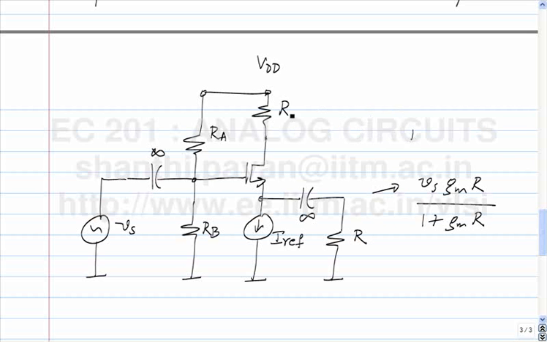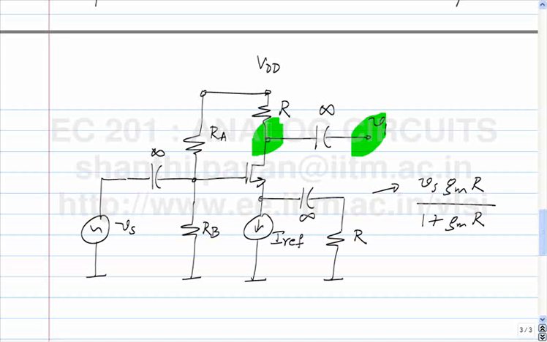Put a resistor R here and look at the incremental output voltage V1. So can somebody venture and tell me what the incremental output voltage V1 will be? What can you say about the incremental voltage here versus the incremental voltage here? They are the same because we have the infinite capacitor. Great.